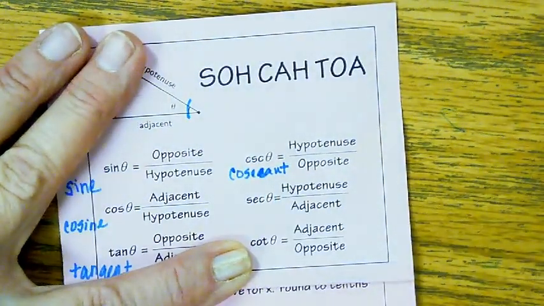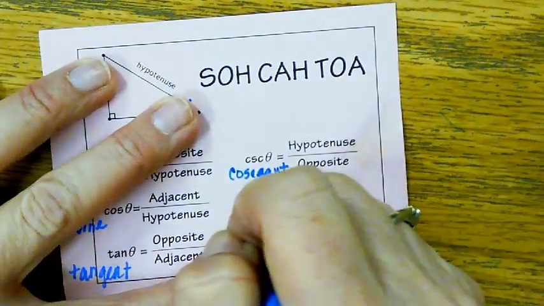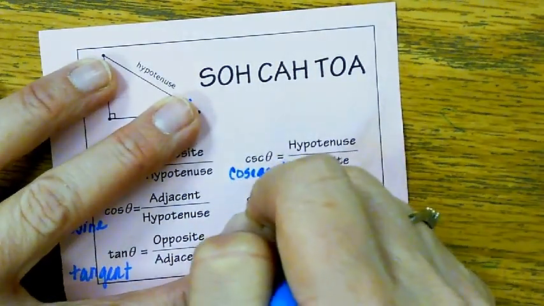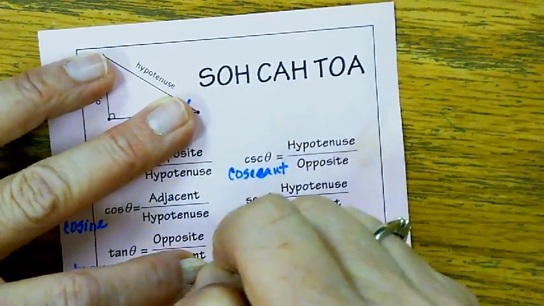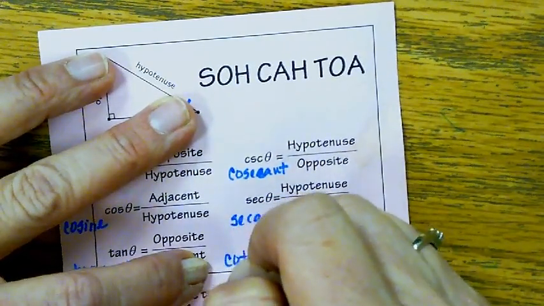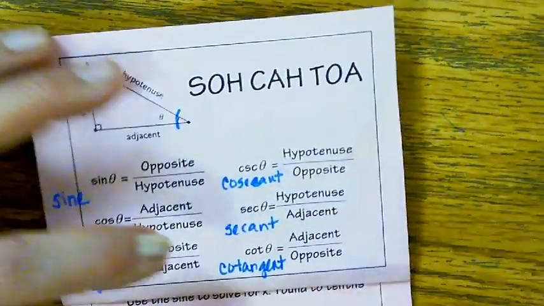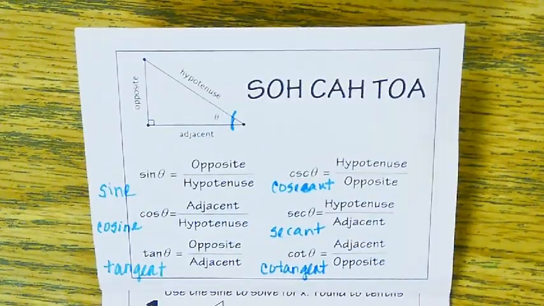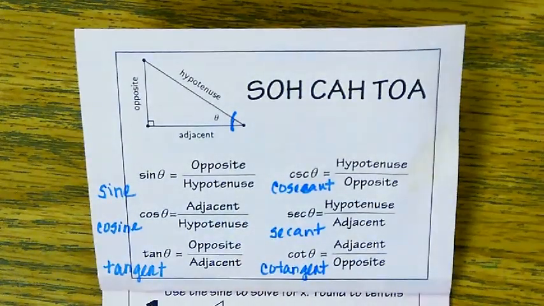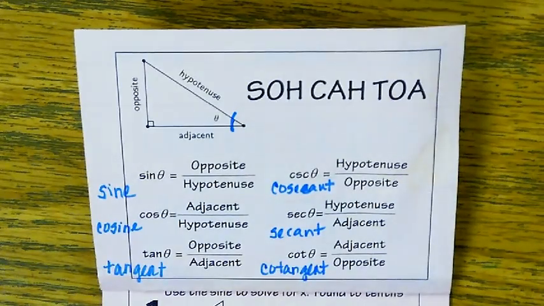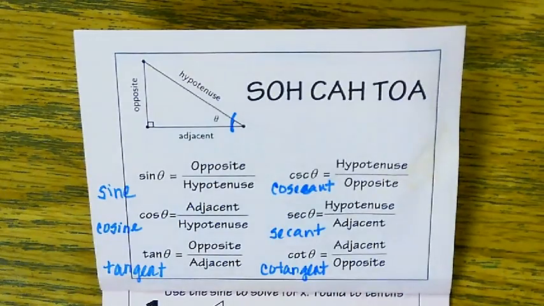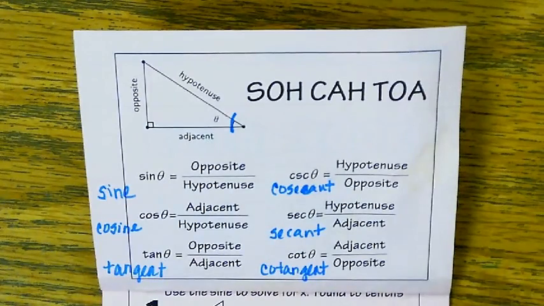Sorry, I kind of messed that up. This one is cosecant. This one is secant. And this one is cotangent. And what you should notice is that the cosecant is just the reciprocal of the sine, or the sine flipped over. The secant is the reciprocal of the cosine, and the cotangent is the reciprocal of the tangent.